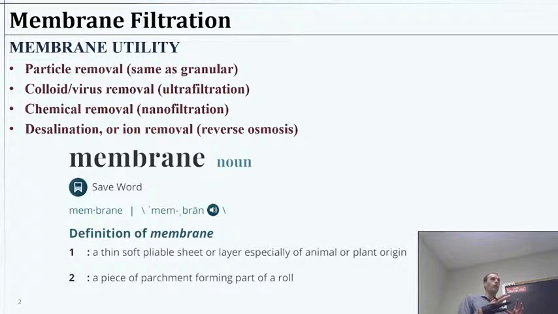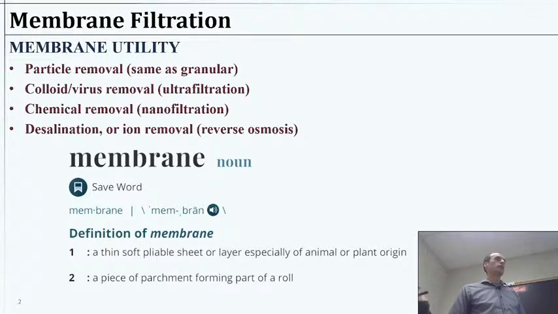They're still physical particles, but they're so small they act kind of like they're dissolved. Then we can get down to chemicals, so literally just large molecules, something like a pesticide that we want to get out of our water. Sometimes these will be larger molecules, and we can remove them with nanofiltration.